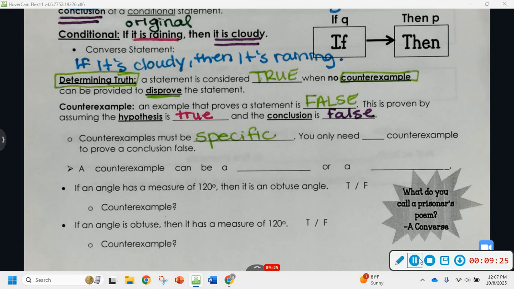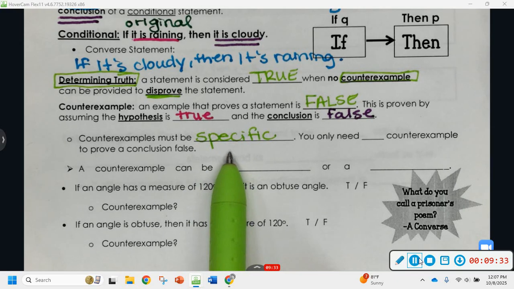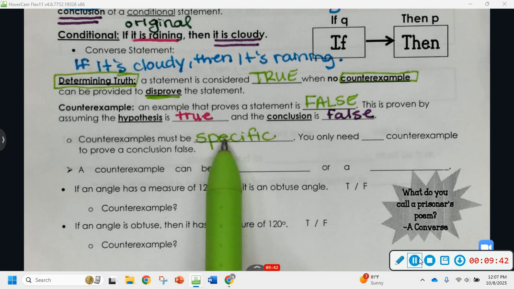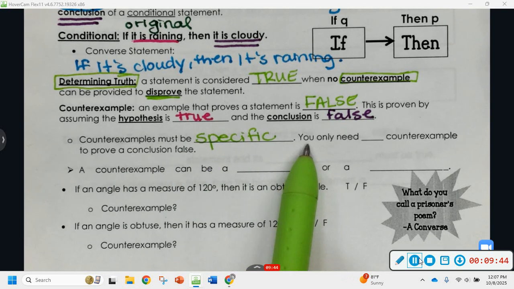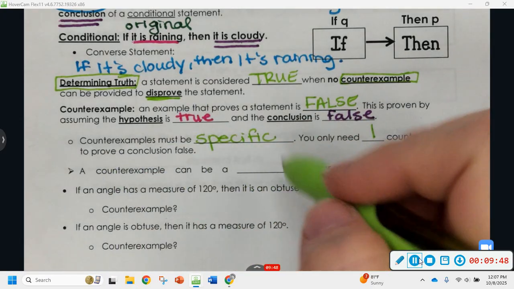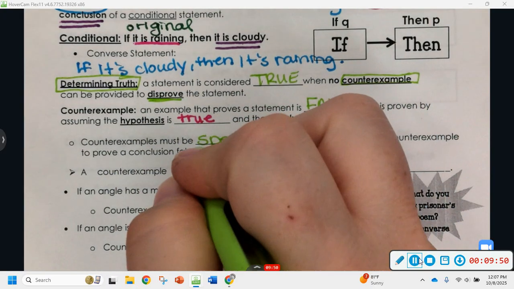So instead of saying in words, not all prime numbers are odd, you would have to be specific and say the number 2 is a specific example that proves that statement false. So counterexamples must be specific, and you only need one counterexample to prove a conclusion false.